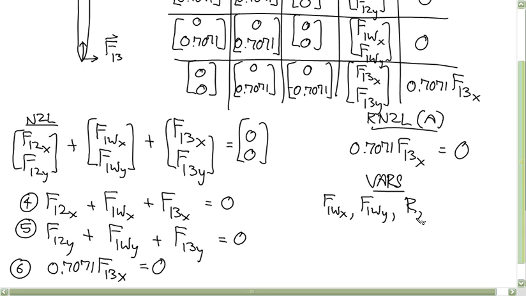And now we're adding to this list F12x, F12y, and F13x, F13y. Okay? So right now we have 6 equations, 7 variables. And now let's isolate the diagonal member.